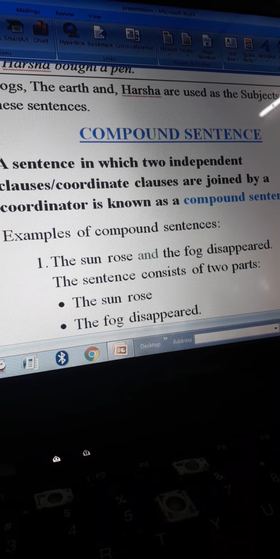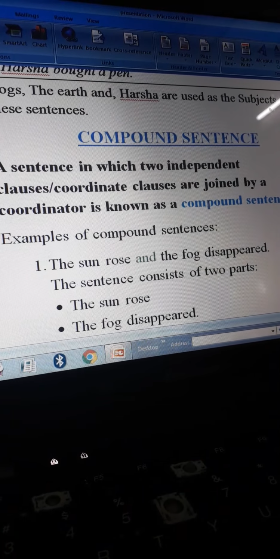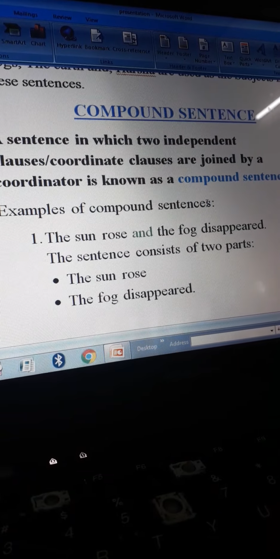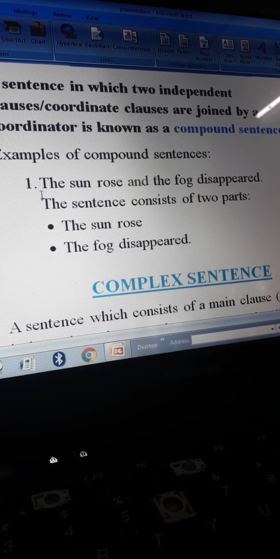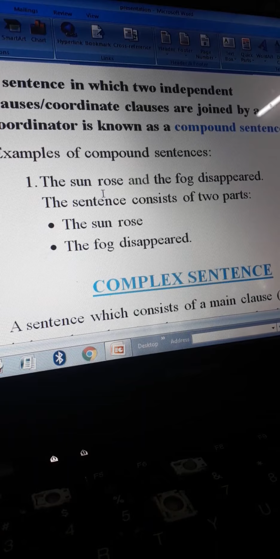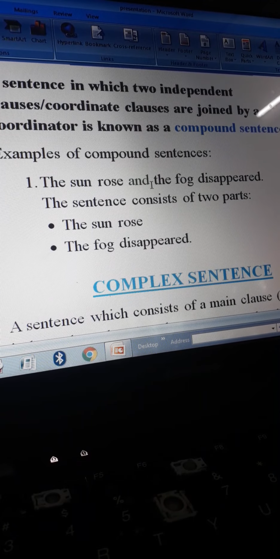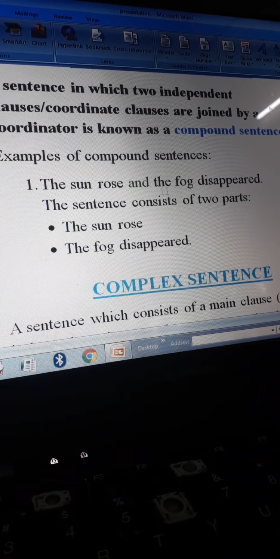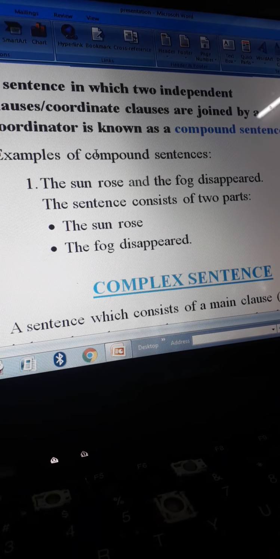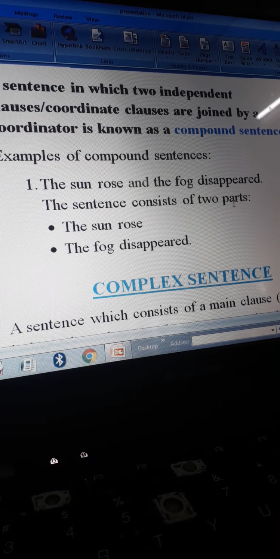Before explaining the definition of a compound sentence, let's study the example. See here, the sun rose and the fog disappeared. Now here, the sentence consists of two parts.